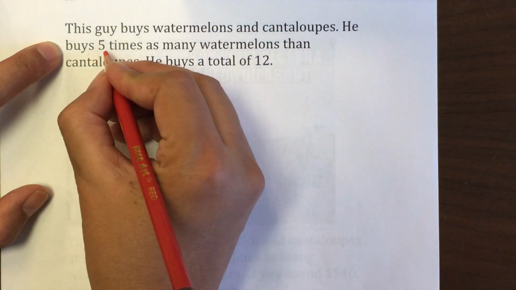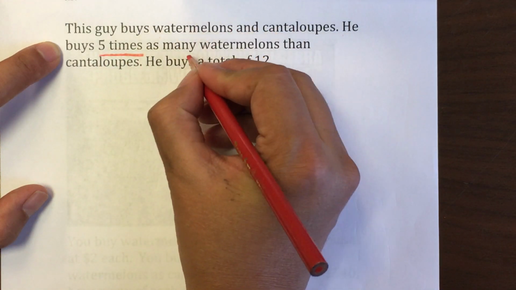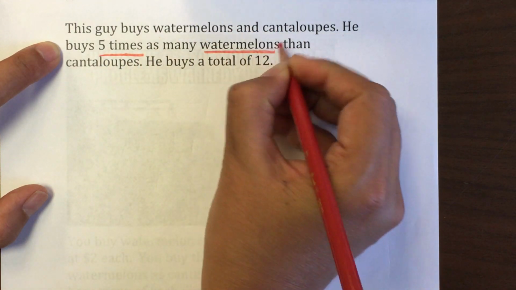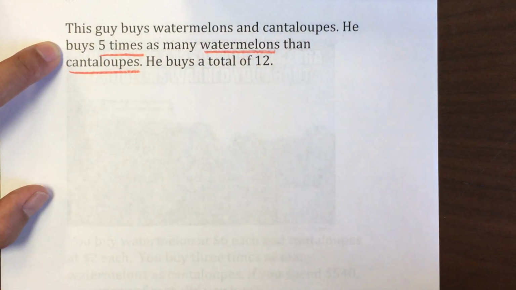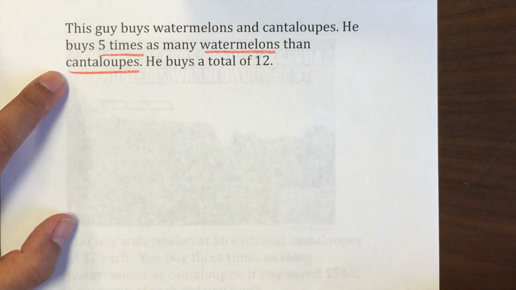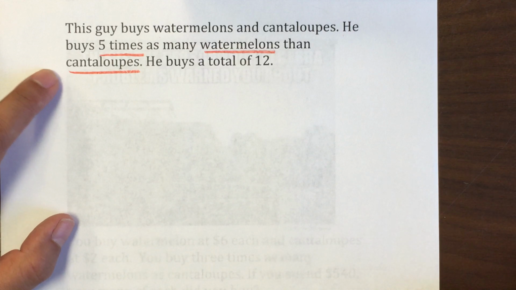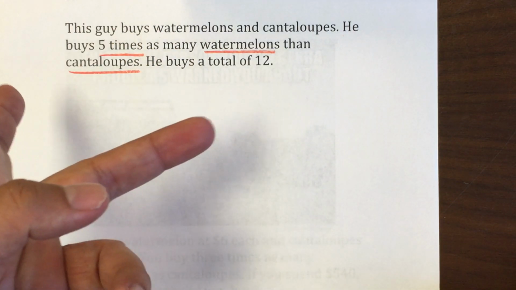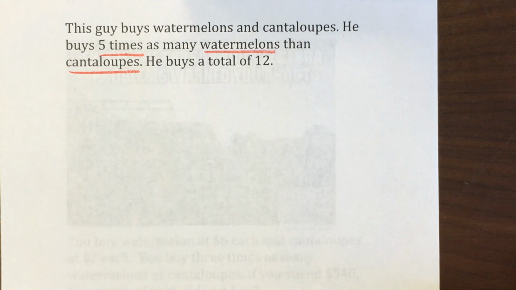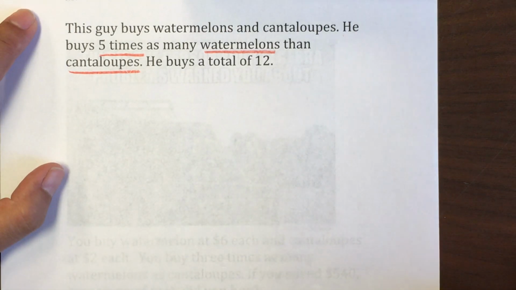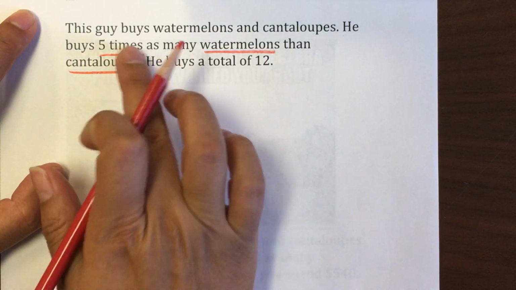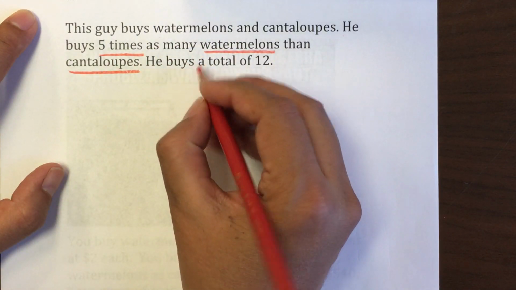He buys 5 times as many watermelons as cantaloupes. Okay, so which one does he buy more of? And this is the way it's worded. That's when it gets really tricky. Okay, but those are the keywords.